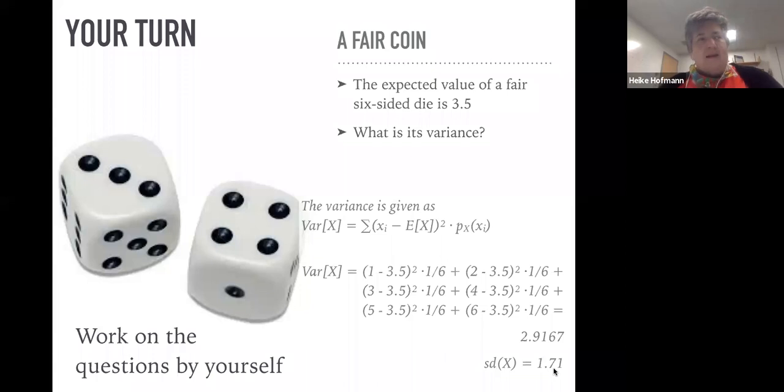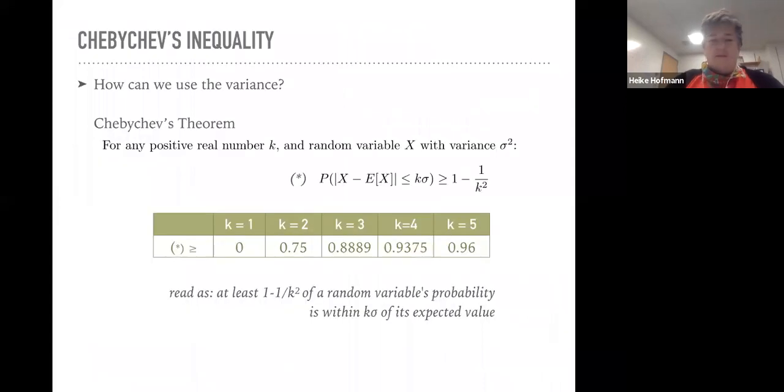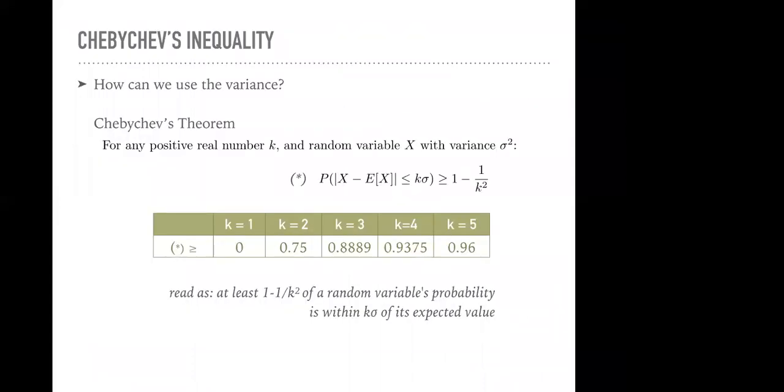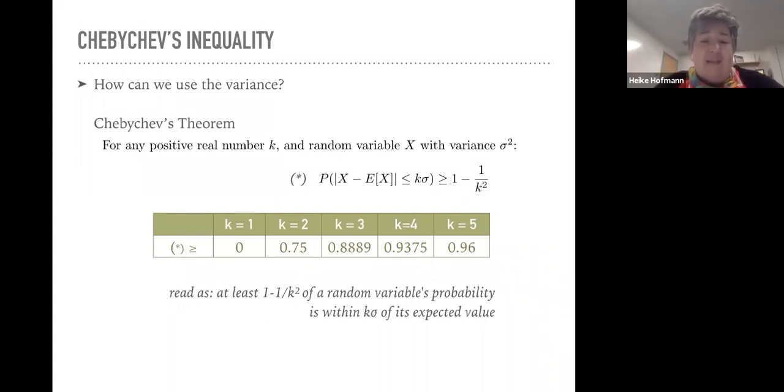So what does that mean? How do we use the variance? One of the main theorems in which we use the variance is Chebyshev's theorem. So a real mathematical theorem that tells us how to use the variance. Let's assume that we've got a variance sigma squared or a standard deviation of sigma.